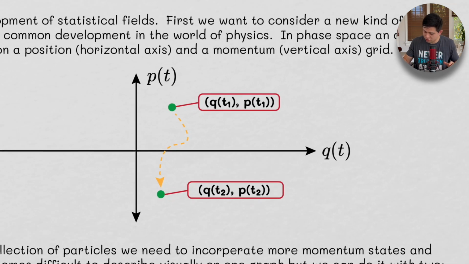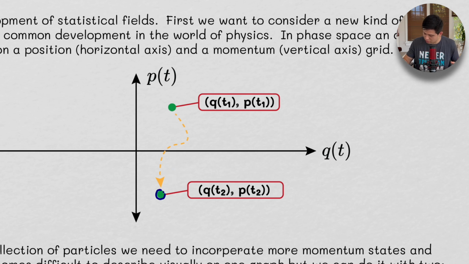We can look at this picture and see we have a particle changing its position a little as it travels along this trajectory, and then it turns around, going in the opposite direction, and comes back to what looks like its original position. So it started here and it ended up here on the position axis.